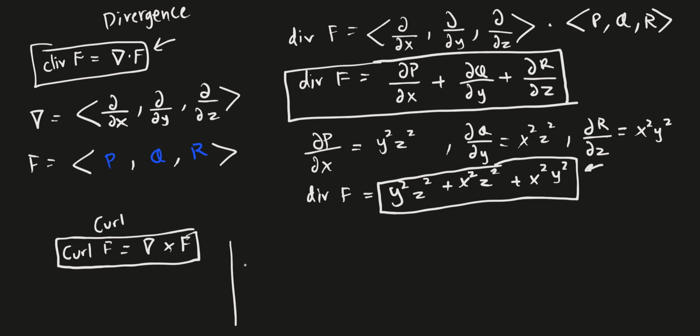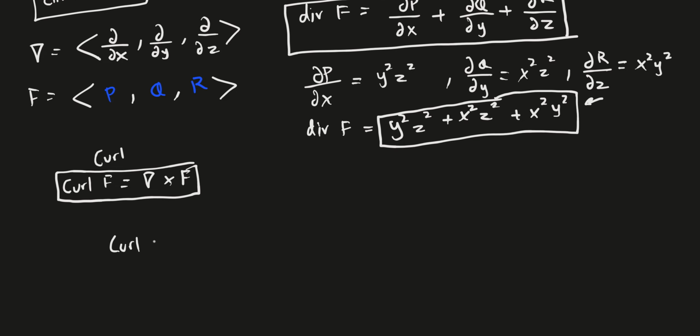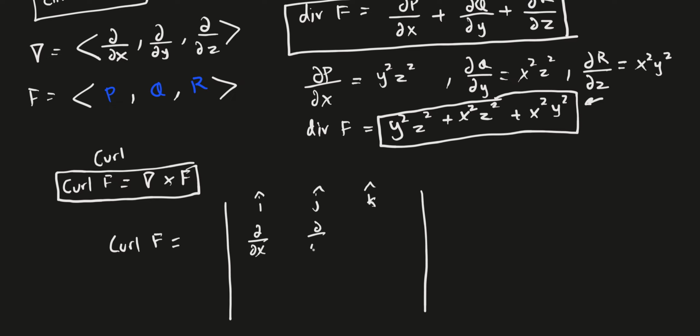The way people write this is: curl F is equal to the determinant with i, j, k. You can add the hats on top if you want. Then here you do partial x, partial y, partial z, and then here you do P, Q, and R.